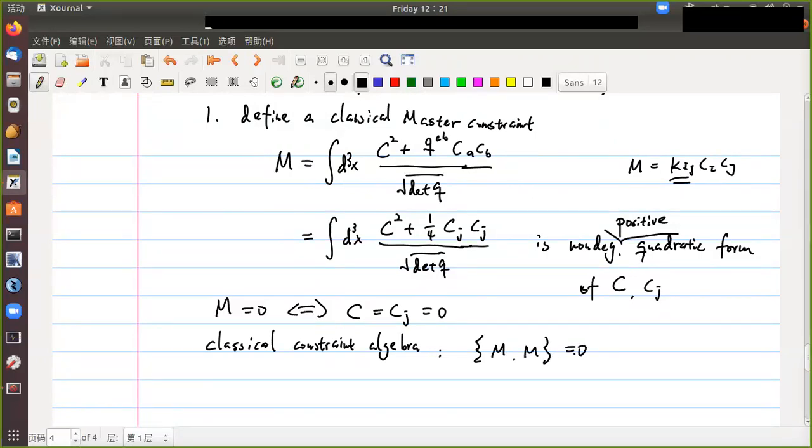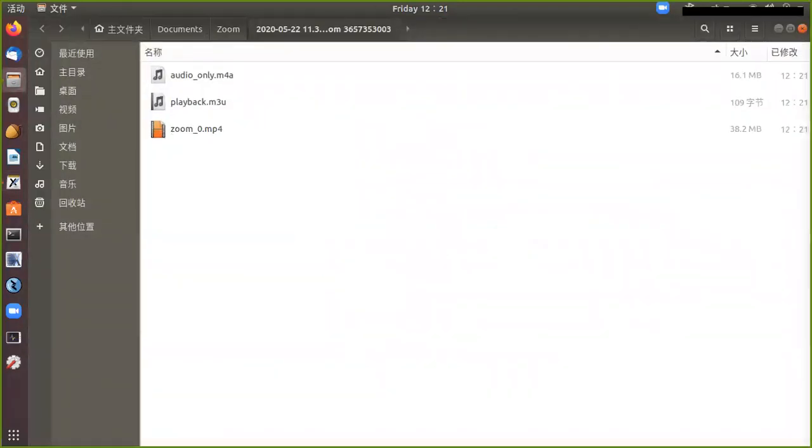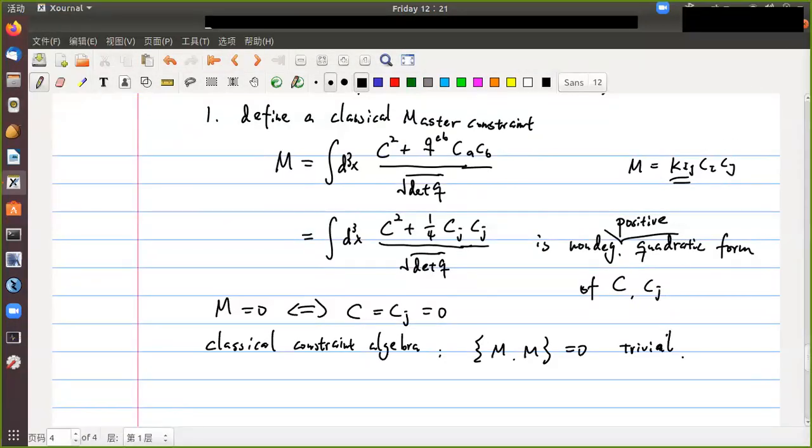Yeah, because you only have a single constraint. You don't have an infinite number of constraints anymore. So this is really a trivial constraint algebra.